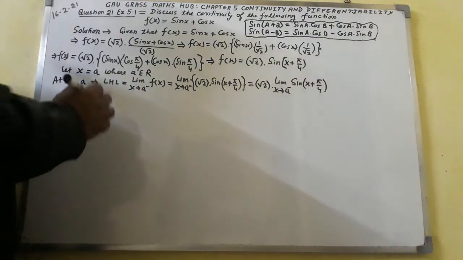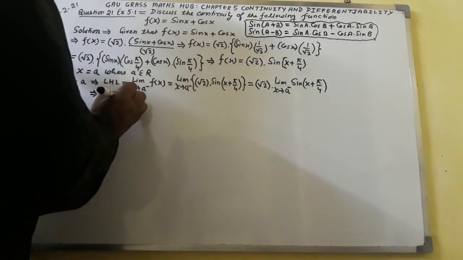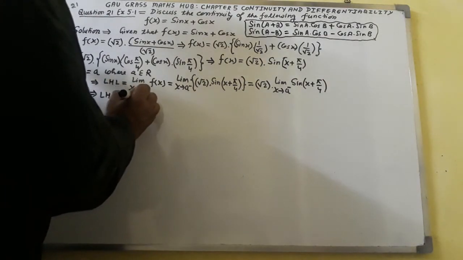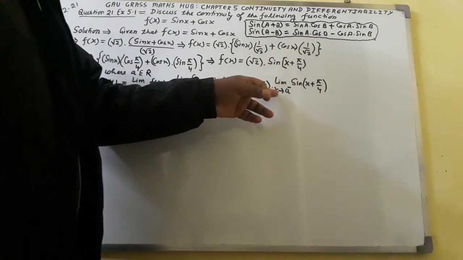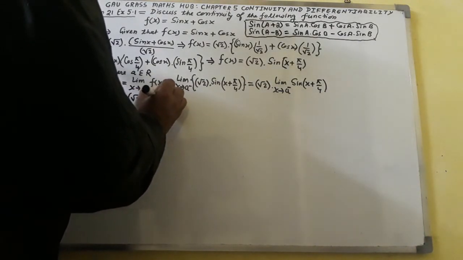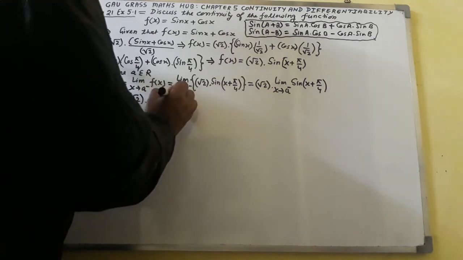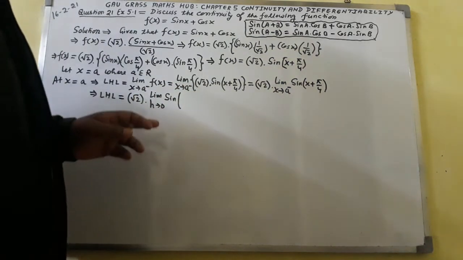Now again I shall write implied that left hand limit equal to under root 2, and here lim x tends a of negative can be converted as lim h tends 0, then here it comes out to be sin in bracket.